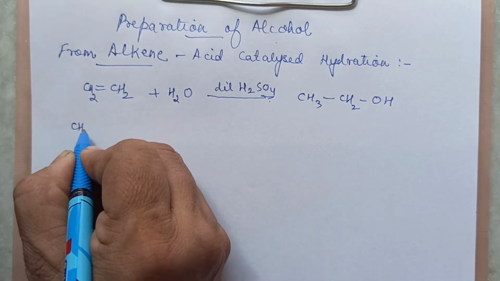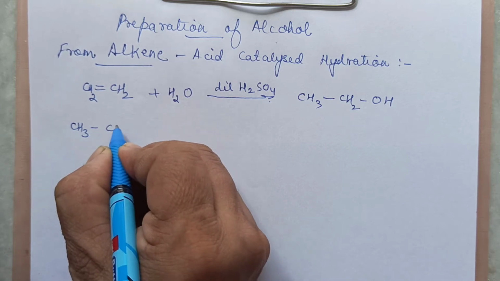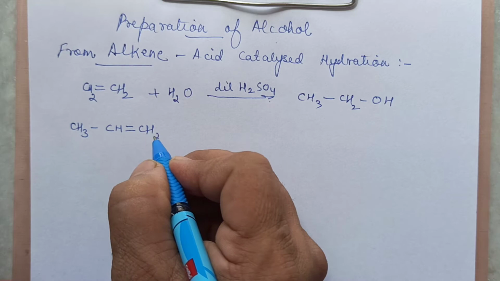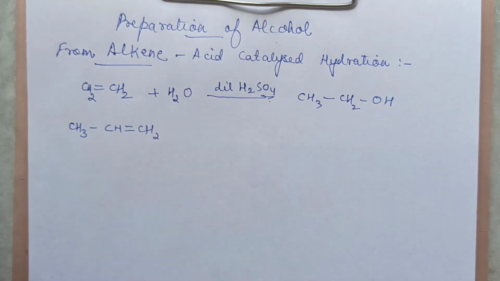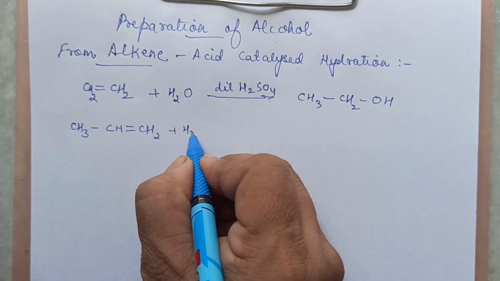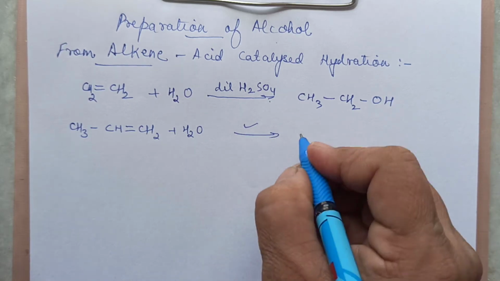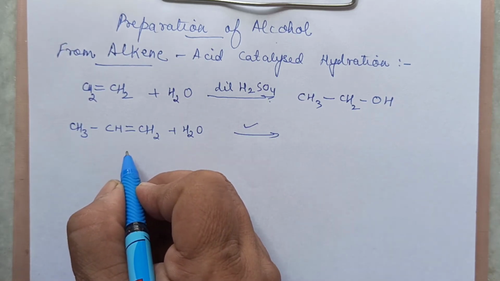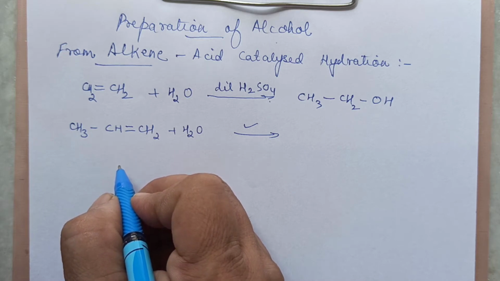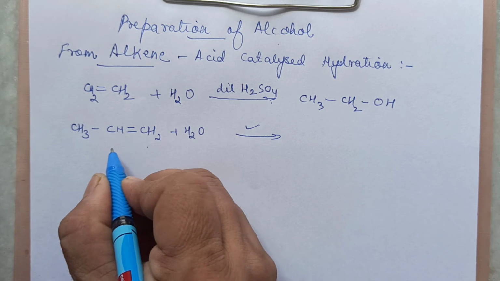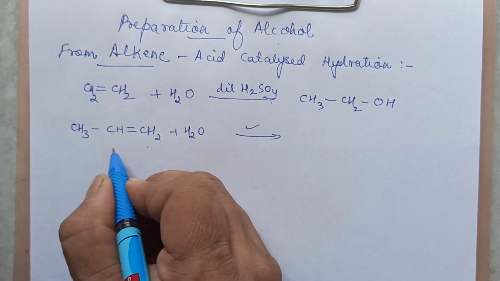If we take CH3, CH double bond CH2, that is, if we are using an unsymmetrical alkene, then we will be adding water again in the presence of dilute sulfuric acid. So will water add as per anti-Markovnikov's rule? No, Markovnikov's rule. So we will add H and OH, H this side, OH this side.